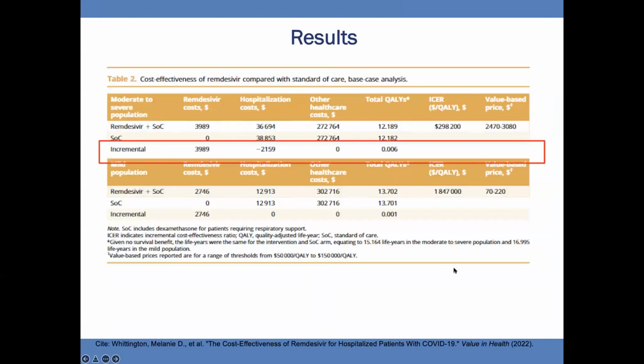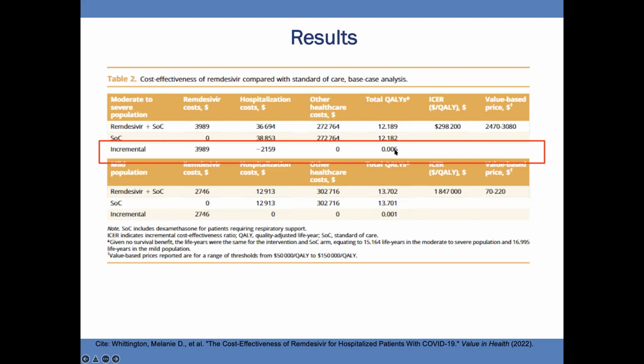So here is what the result looks like. They did the analysis for two study populations. One is for people with moderate to severe COVID, and if you look at the row in red, you see that the cost of remdesivir is almost $4,000. When you take this drug, it reduces the risk that you end up in hospital, and that leads to a saving of almost $2,000.